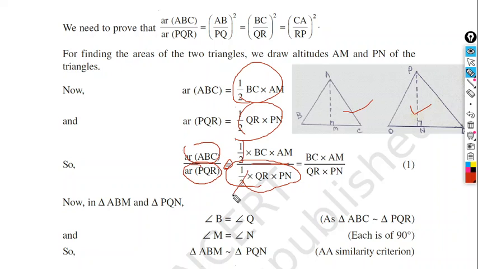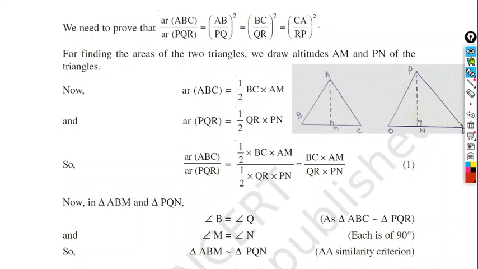Now 1 by 2 and 1 by 2 will be cancelled out. There will be BC into AM divided by QR into PN, and we will write it as statement 1. Okay. Now we will move to the next part.